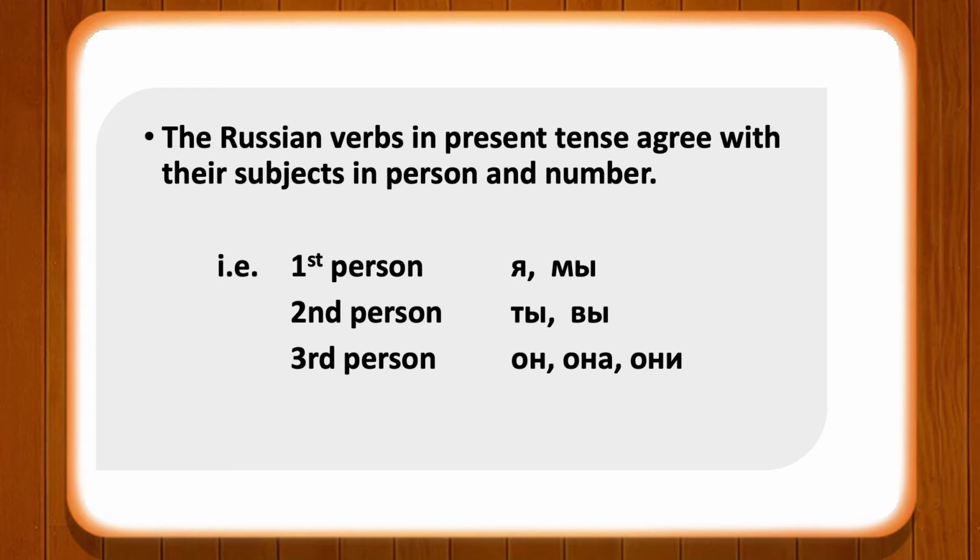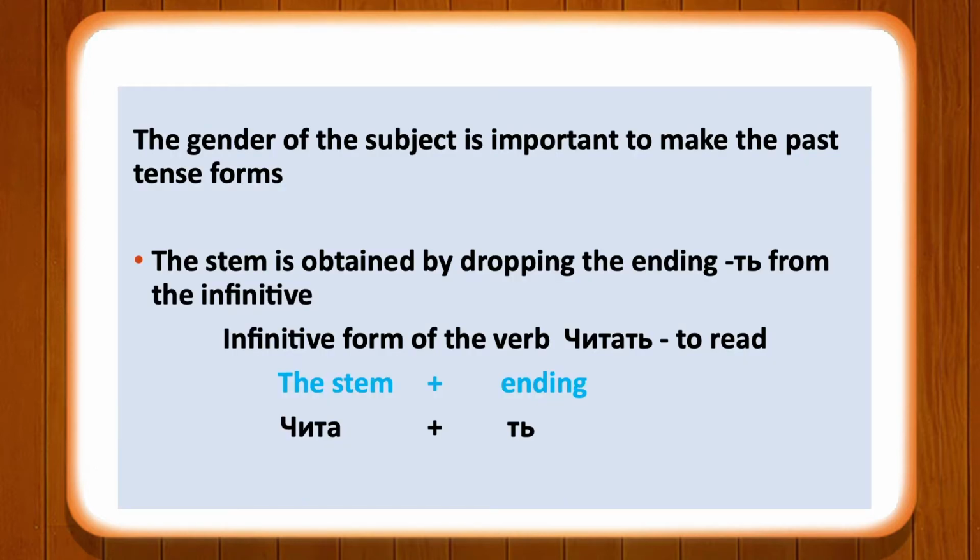You will recall that the present tense of Russian verbs agree with their subjects in person and number. That is the first person ya and mui, second person ty and vui, and third person on, ana, ani. In the past tense, we look at the gender of the subject.